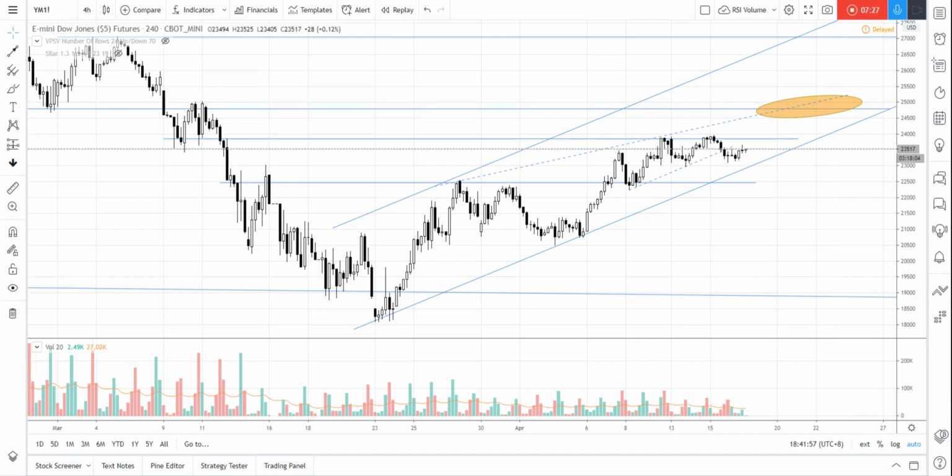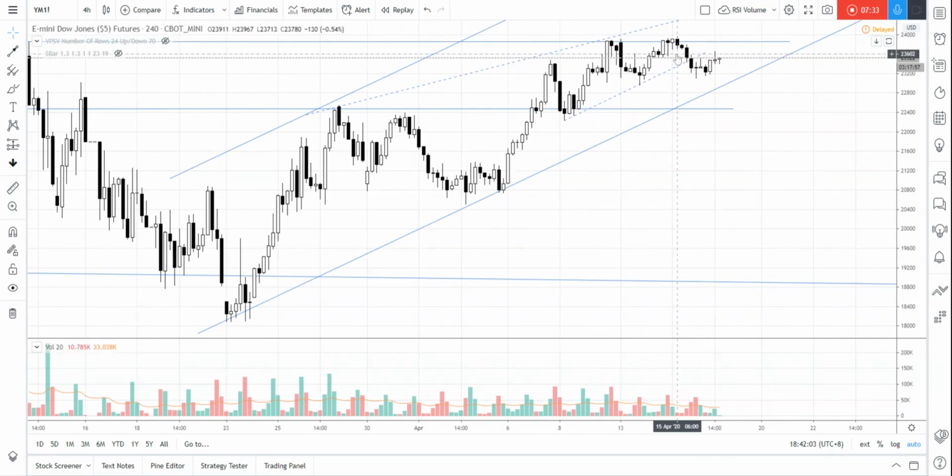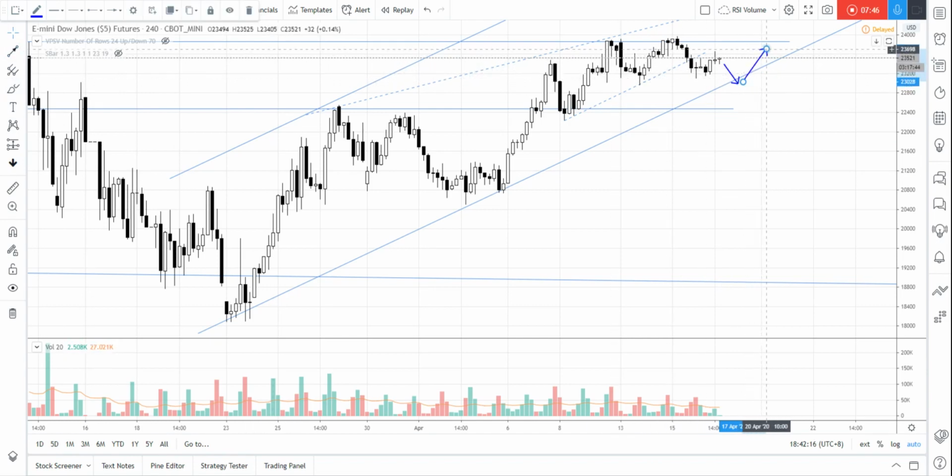So the potential day trading setup for Dow Jones is, immediately, I will look for probably a spring below 23,000, something like this. If you go like this and eventually it reverses, then I think this is a pretty good level to trade.